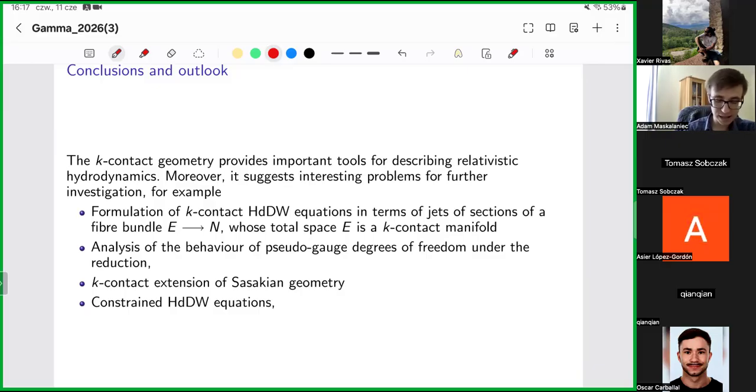Moreover, I would like to analyze the behavior of pseudo-gauge degrees of freedom under this reduction procedure.